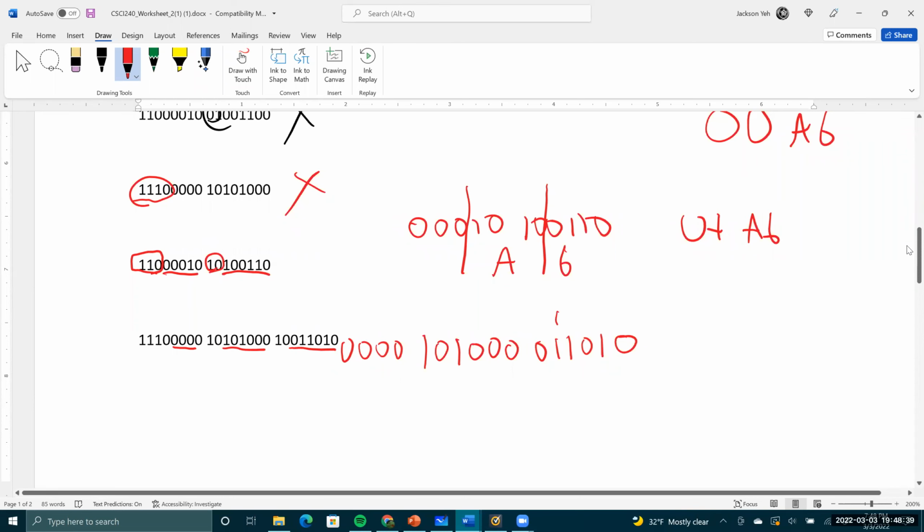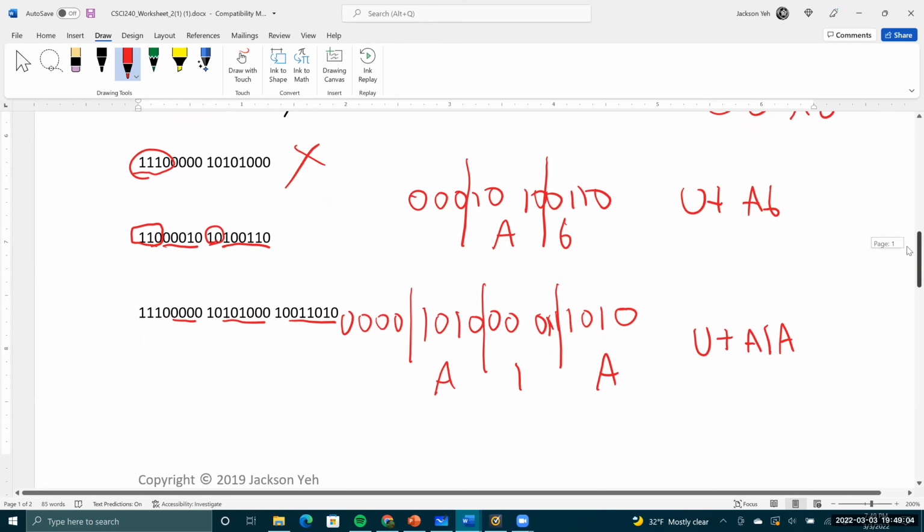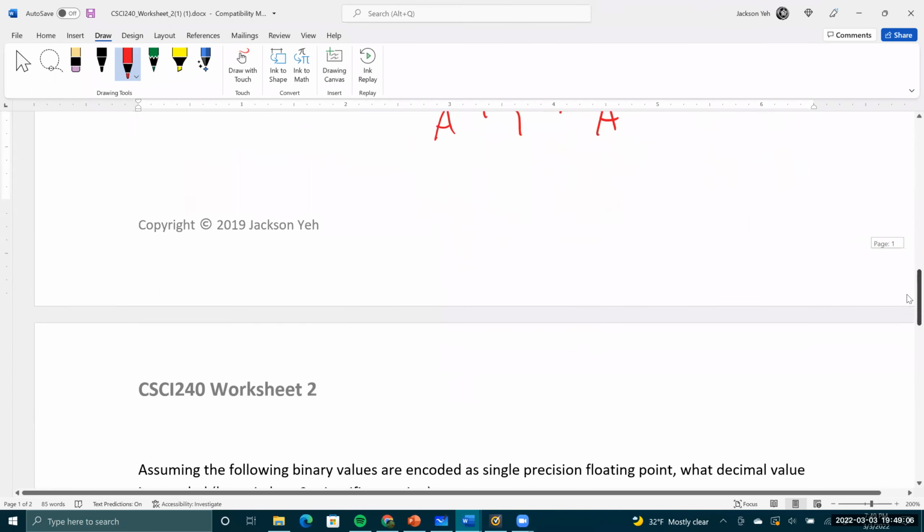And then groups of 4. Okay, so this is A1A. So it's Unicode point A1A. All right, any questions? All right, moving on.